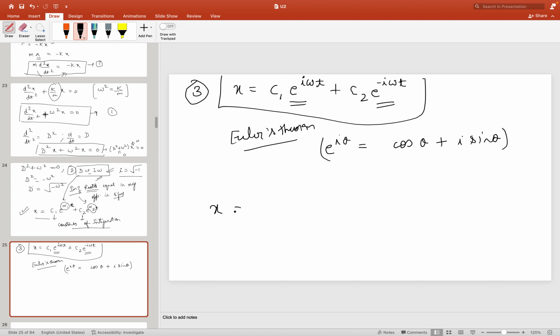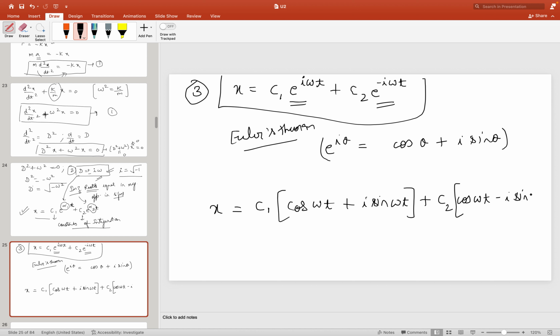On writing in terms of cos and sin, our expression will change to c1 (cos omega t plus iota sin omega t) plus c2 (cos omega t minus iota sin omega t) in this format.